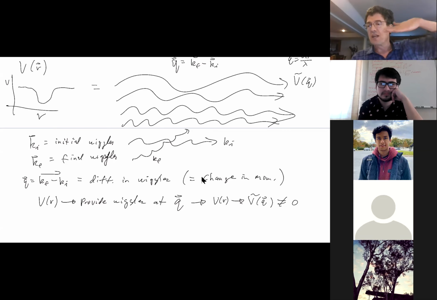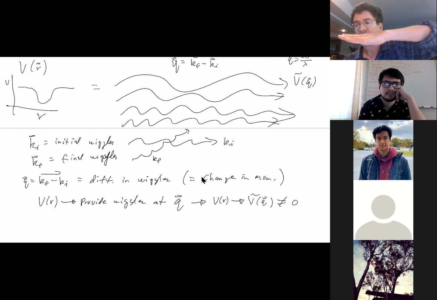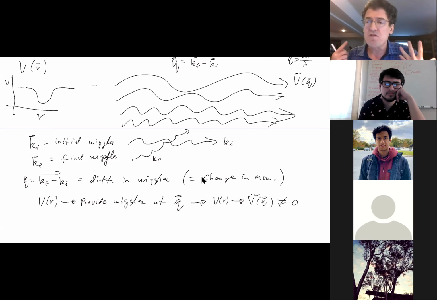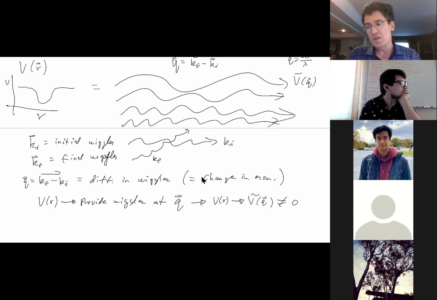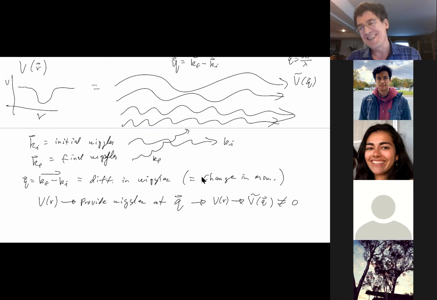So I have an initial state where the wiggles are in this direction, and a final state where the wiggles are in this direction, and something is providing me with the difference in wiggles. Who's providing the difference? The potential. And I do not scatter unless my potential provides the difference in wiggles. Doesn't that sound eerily familiar?